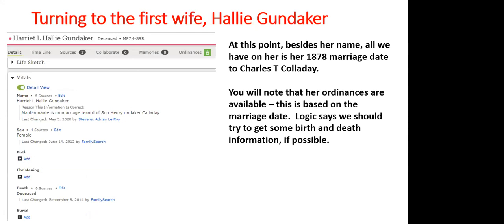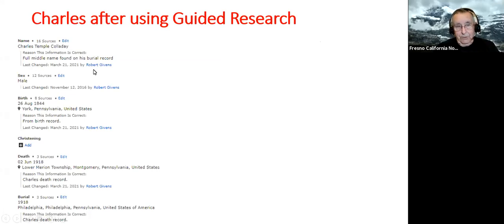Hey, Bob. Yeah. There was a difference in spelling because you had Colladay and that death record, even for his father, had Calladay. How do you determine which is correct? All the rest of the records are Colladay. That was just a transcription error. Okay.